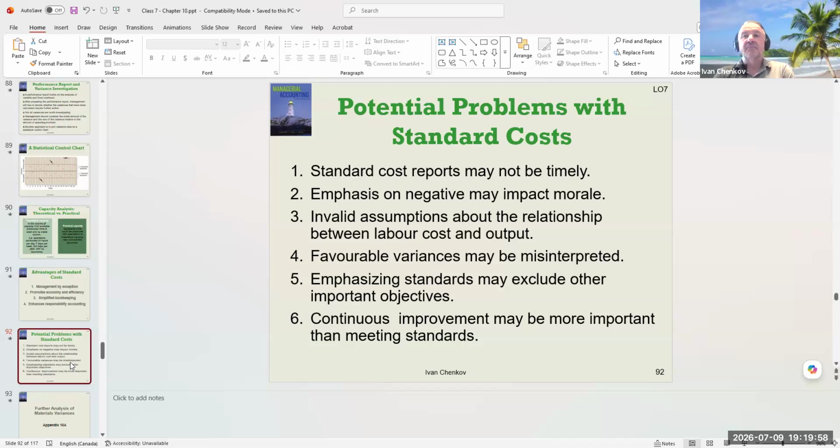Emphasizing standards may exclude other important objectives. If we only focus on the standards, we may forget about other factors. And continuous improvement is important in order to meet the standards.